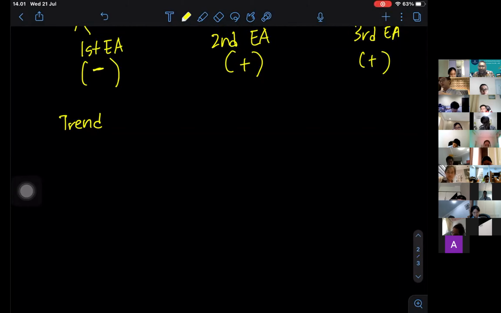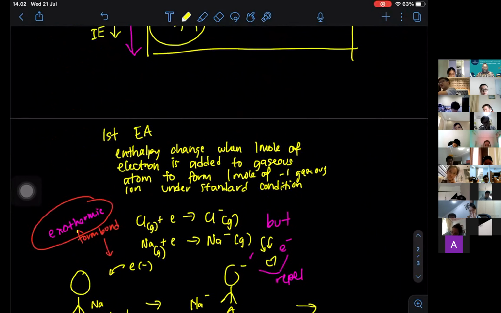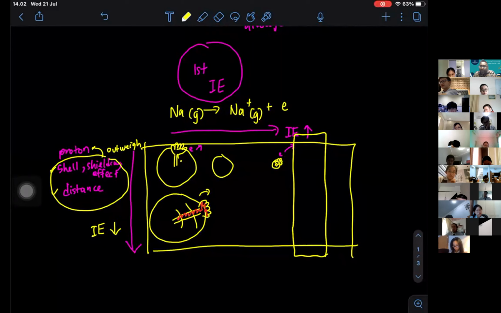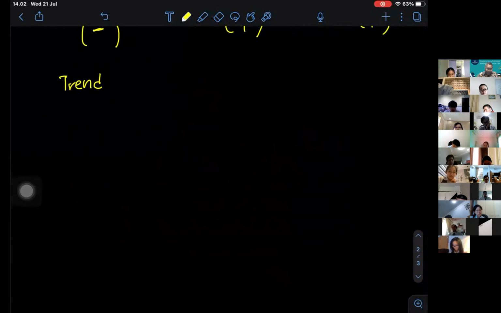But I think the new syllabus wants you to focus a little on that, and they are very specific. They only want you to focus on group 16 and 17. Maybe you can include 15 also, but in your syllabus they specified it very clearly: the trend in group 16 and 17.